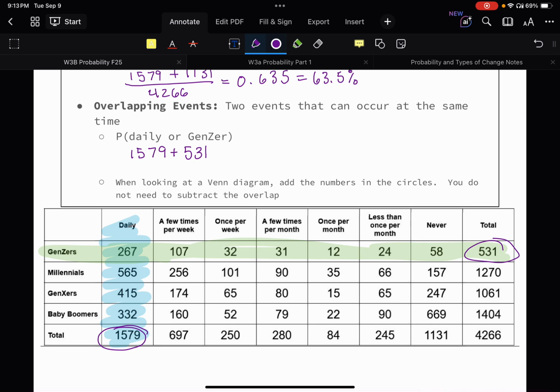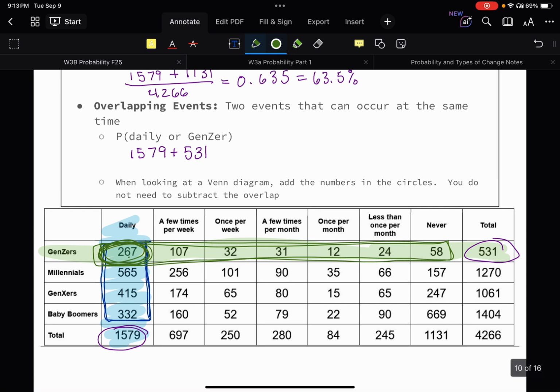Notice if we break it down and look at the little parts of it. Remember, in this column right here, that total came from adding these four numbers together: the 267, the 565, the 415, the 332. And if I think about the row for Gen Zers, the total included adding all of these numbers together. Notice, if I look at those sets of numbers, there's a number that got added twice, that 267. 267 is part of both that 1,579 and the 531.